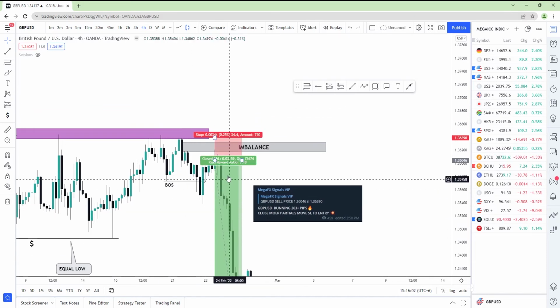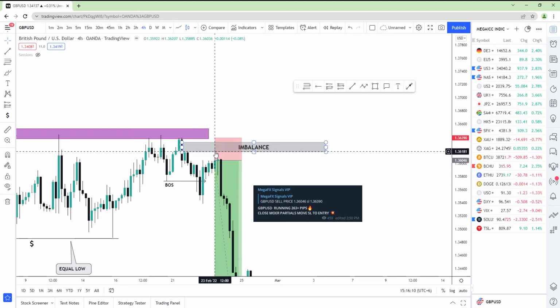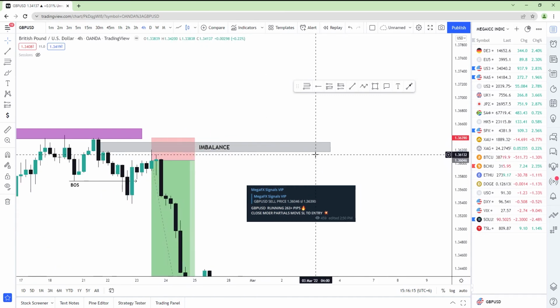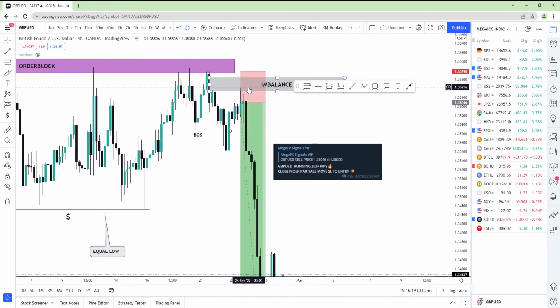Then we saw this imbalance that needed to be filled. We saw this imbalance being created, and price almost filled it, but it didn't quite fill it. So when price got rejected from here, we were sure that price is not going to fill this imbalance.